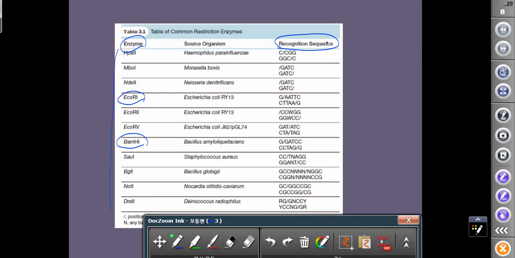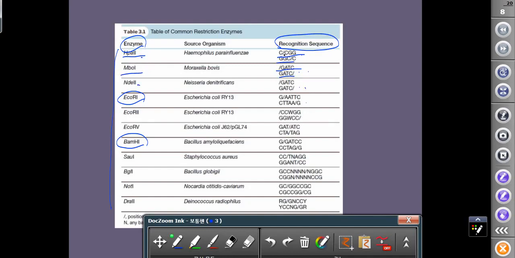Each enzyme has its own specific recognition sequence. They all have different recognition sequences, and the lengths of the sequences are all different.